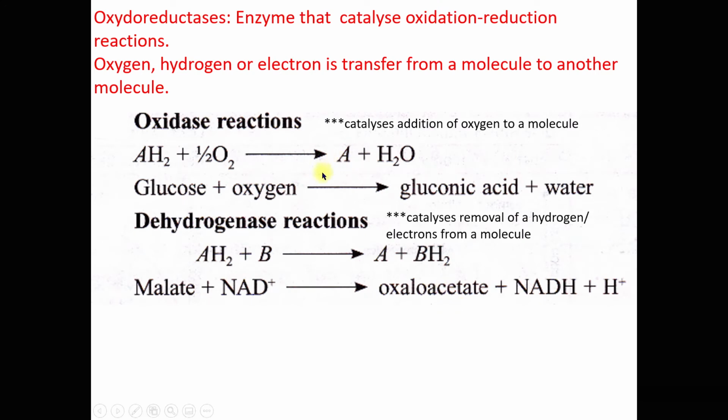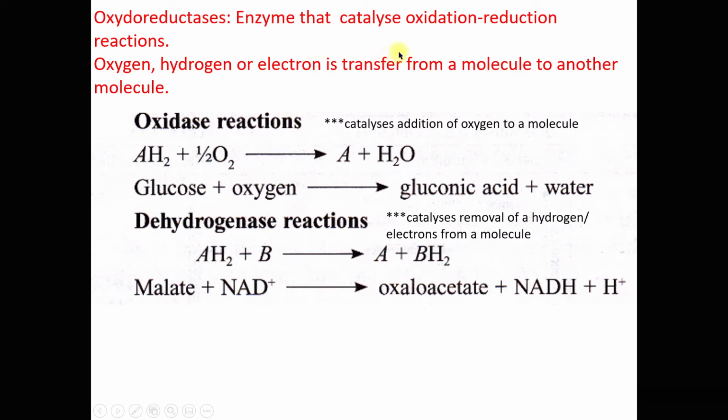Now let's go to the first class of enzyme, which is oxidoreductase. Any enzyme that is in this class, those enzymes catalyze the oxidation reduction reactions. When an oxidation reaction occurs, reduction reaction also will occur concurrently.